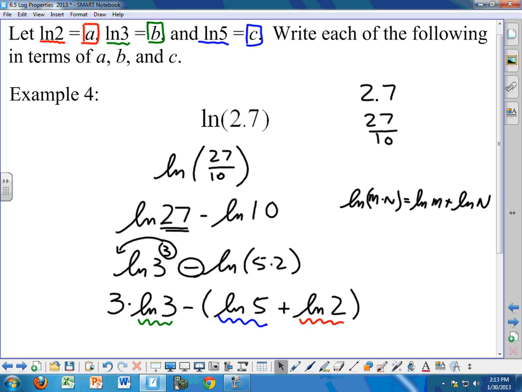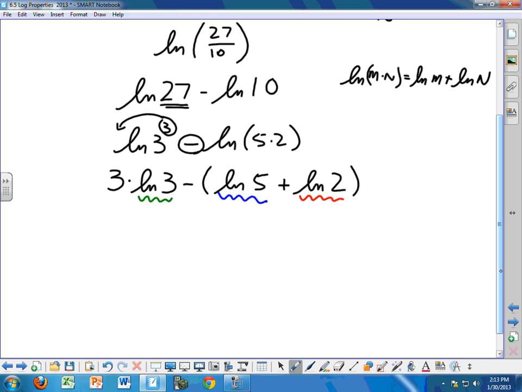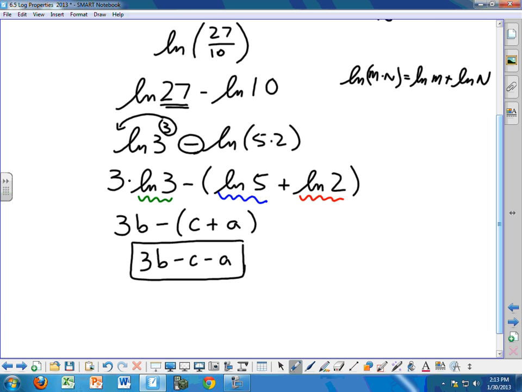So these 3 items are then going to be replaced, and we get the final answer 3b minus quantity c plus a. Now if we distribute that negative, 3b minus c minus a is our final solution here. You can just box that up for yourself. So that's the second part of that.